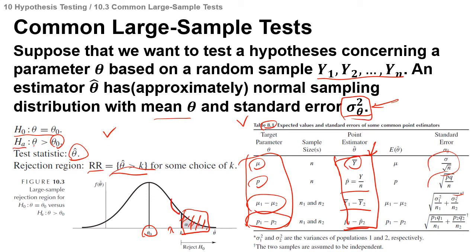So given H0 is true, the distribution is like this. This is the large sample rejection region for H0 versus Ha.